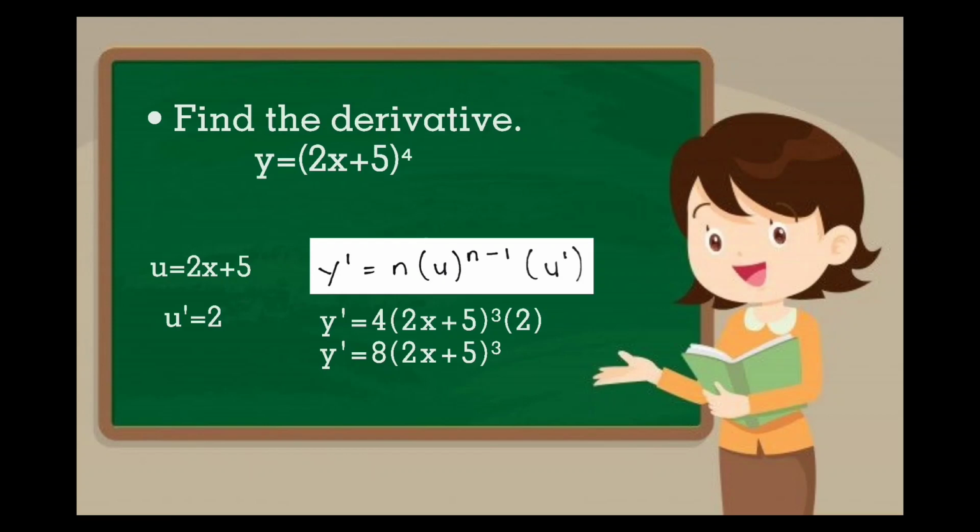Then we simplify 4 multiplied by 2. So y prime is equal to 8 times (2x plus 5) raised to the power of 3, and this is now our derivative.